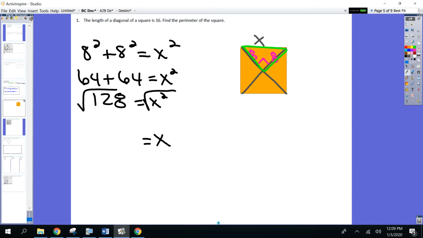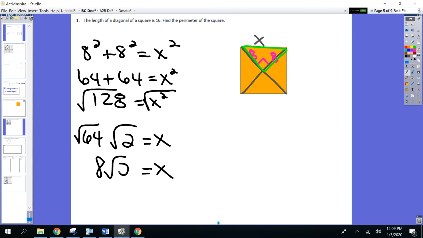You already found it. You did the work already. What's the biggest perfect square that goes into it? 64, yeah. Times 2.